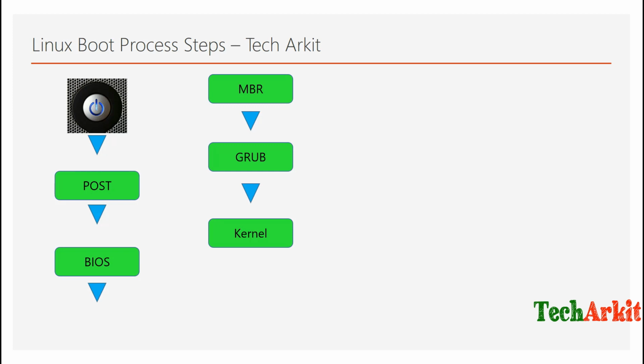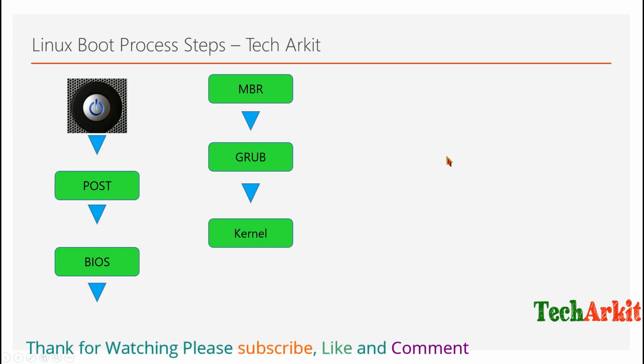There itself you can interrupt your kernel boot process, then you can reset the password or whatever you want. But if a grub password is set, then you have to enter the grub password to get into the kernel. If there is no grub password, it goes directly from the grub to the kernel, and the kernel will be loaded.